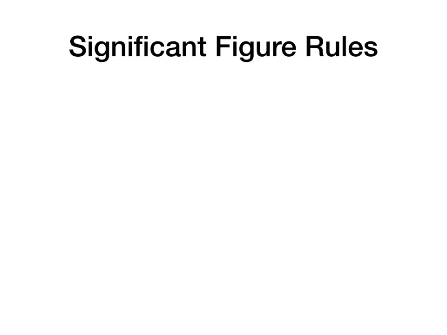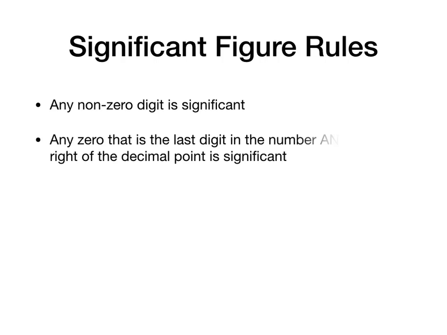The rules for significant figures are these. First, any non-zero digit is a significant digit. So it's the zeros that cause problems. The second rule deals with zeros. Any zero that's the last digit in the number, and that "and" is important here because the zero has to fit both of these criteria: it's got to be the last digit in the number, and it's got to be to the right of the decimal point.